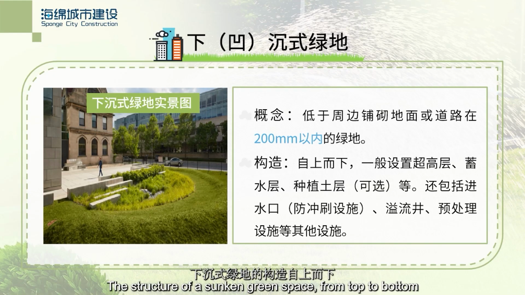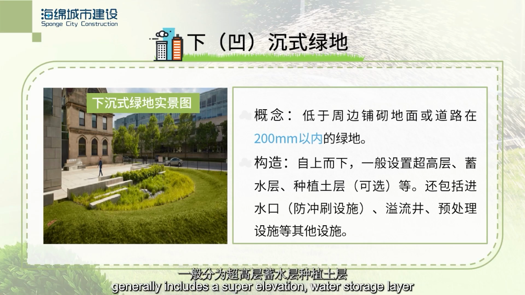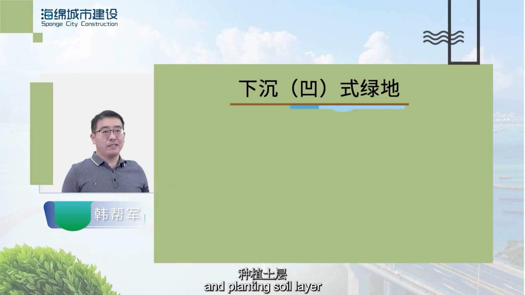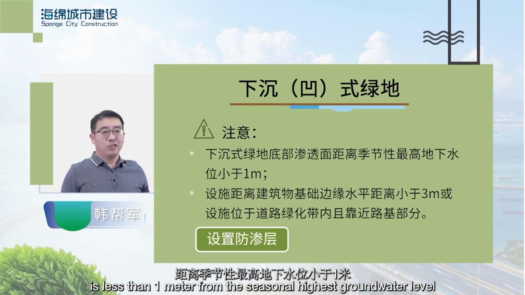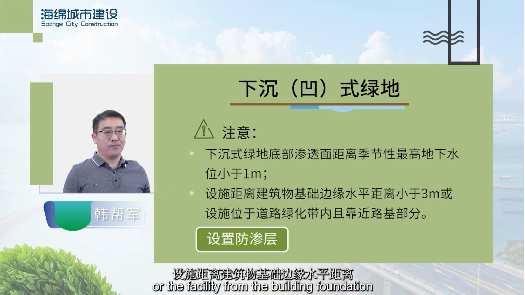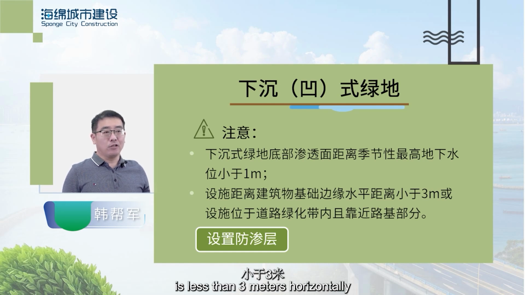The structure of a sunken green space, from top to bottom, generally includes a super-elevation water storage layer and planting soil layer. If the permeable surface at the bottom of the sunken green space is less than 1 meter from the seasonal highest groundwater level, or the facility from the building foundation is less than 3 meters horizontally, or located in a road green belt, near the roadbed, an impermeable layer must be installed.